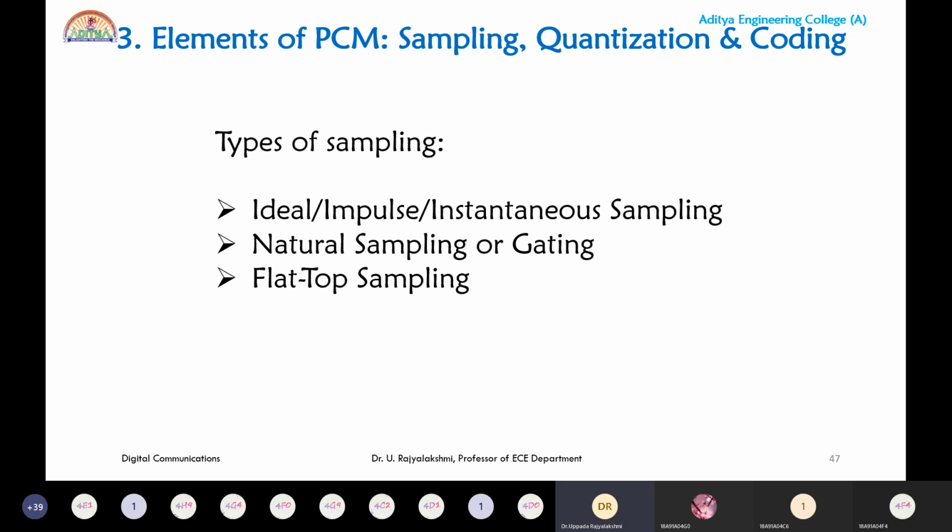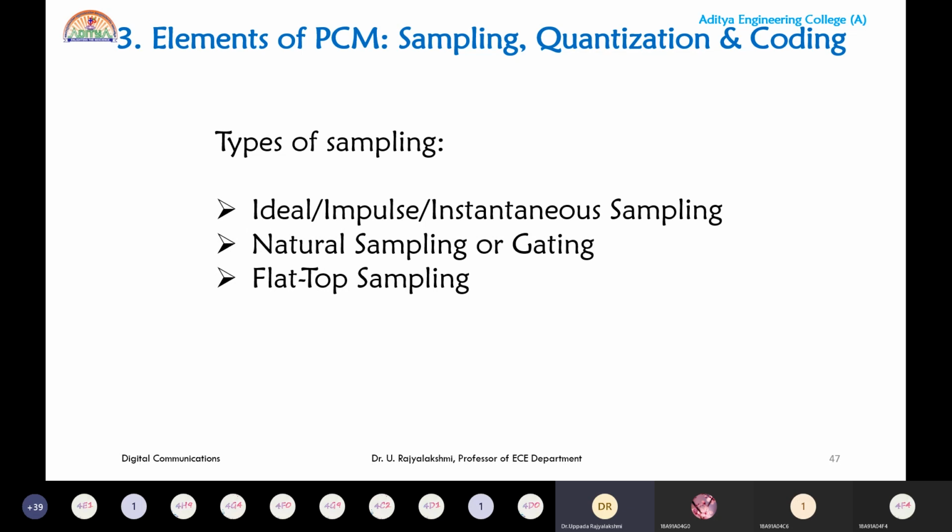Sampling is nothing but the conversion of an analog signal into a discrete time signal. Okay, so how many types of sampling techniques are there? In general, there are 3 types. What are the 3 types? Ideal sampling, which is also called impulse or instantaneous sampling.